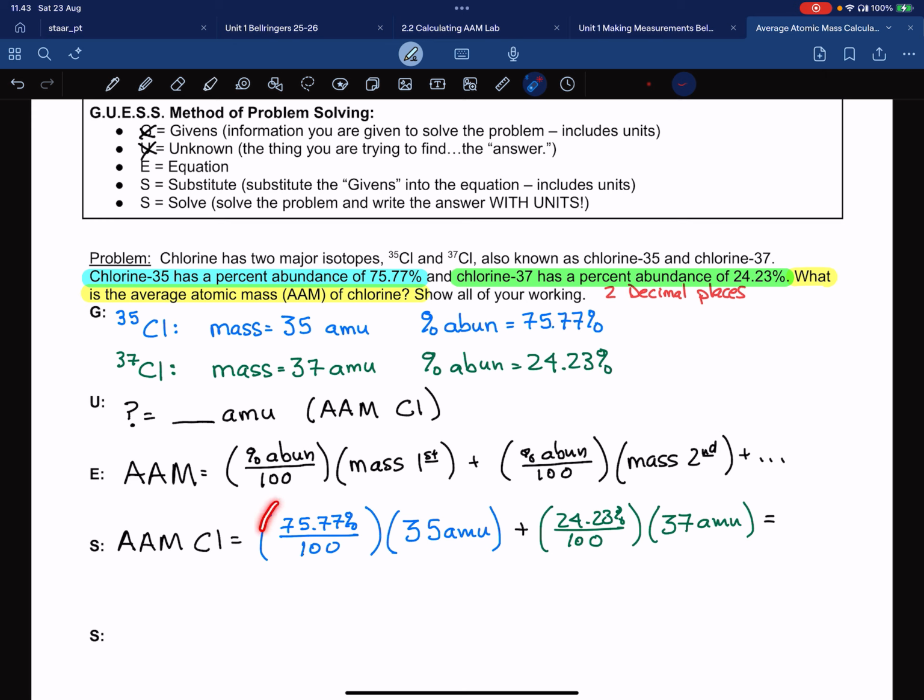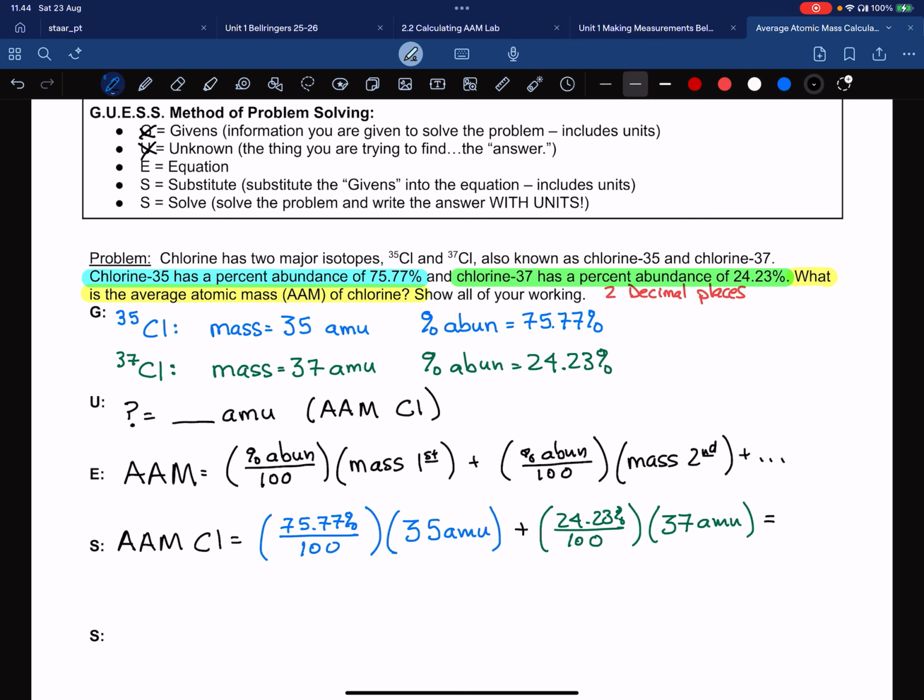You're going to hit the parentheses, 75.77 divided by 100, parentheses, parentheses, 35, parentheses, plus, parentheses, and all the way to the end where you will hit enter and it will give you your value.